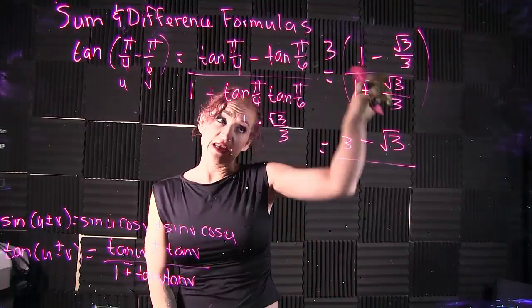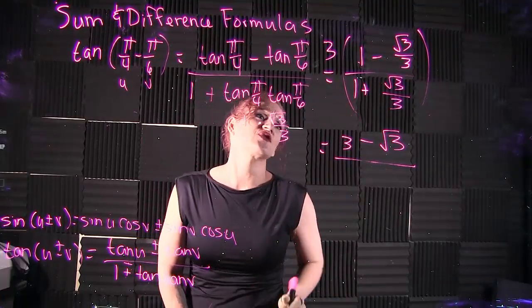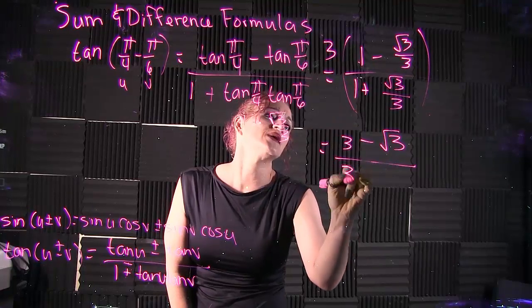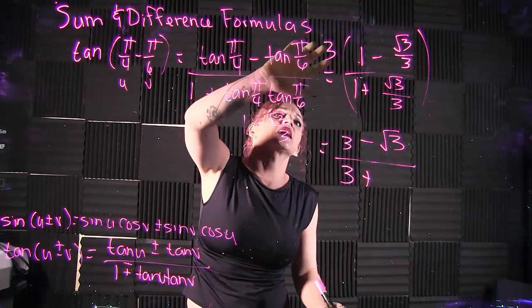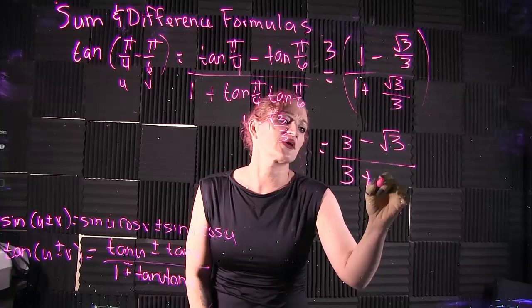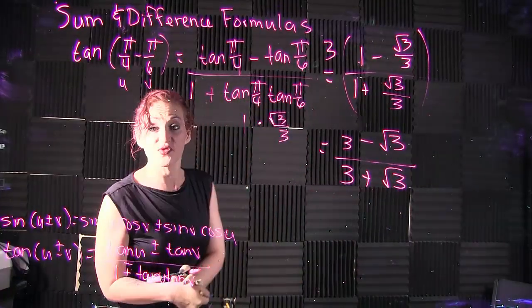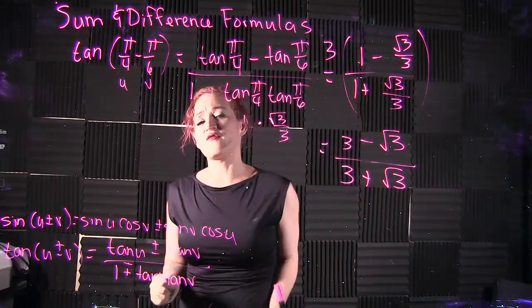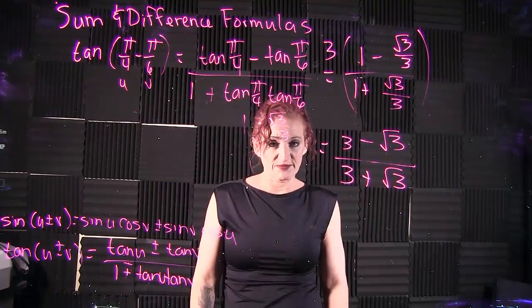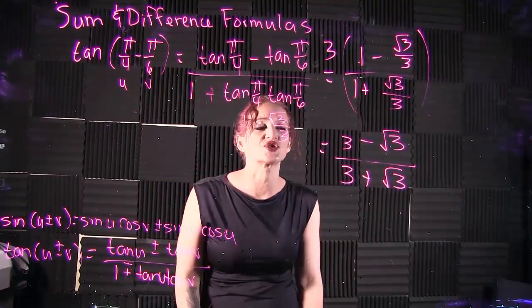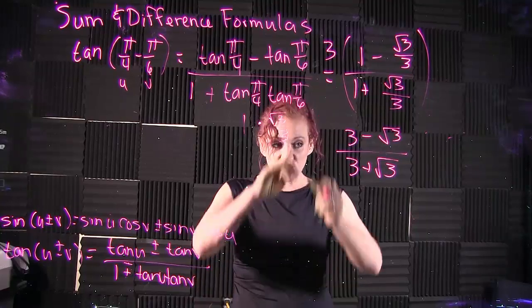Over, again, I'm multiplying everything by 3, so also the denominator, 3 times the 1 is a 3, plus, again, 3 times square root of 3 over 3 is just a square root of 3. All right, so we multiplied all 4 things there by a 3 to simplify it down here to get rid of those fractions.